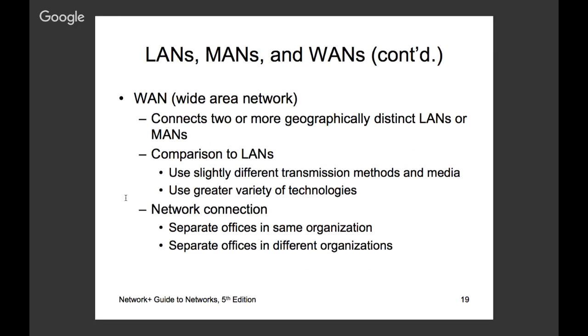A WAN is a network connection between separate offices in the same organization, like the ones I mentioned, the different locations we have here on campus, Stenstrom, and RBC downtown, or separate offices in different organizations. For instance, I worked for Pepsi for years going through school, and PepsiCo's main mothership is in Tulsa, Oklahoma, but they also have a brick and mortar location for their trucks to park in at night to load up the bays with pop.